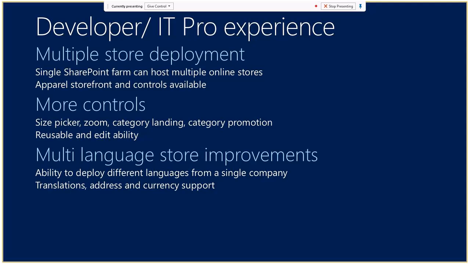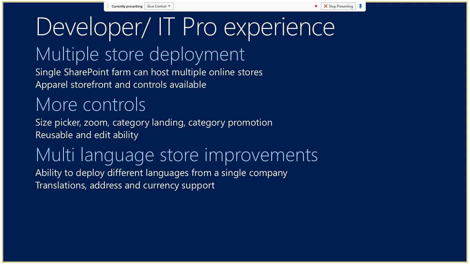You will see the size picker, zoom, category landing, category promotions, and the custom navigation controls. You will also see a far more enhanced checkout control that allows multiple payment methods like the gift card, loyalty and credit card, and a control that shows the loyalty details. And with this, we have also focused on the ability to reuse these controls.